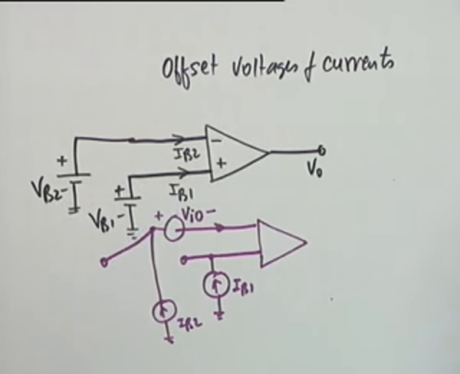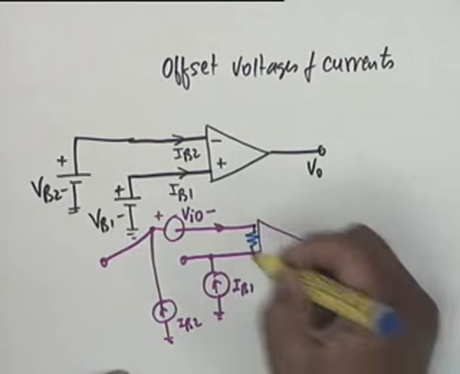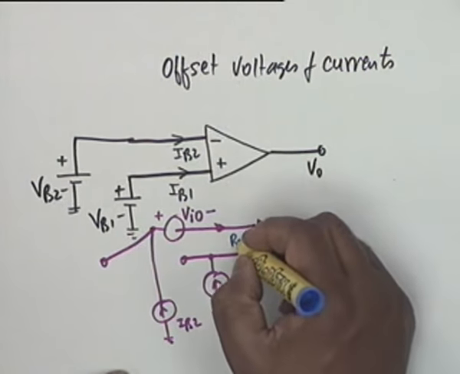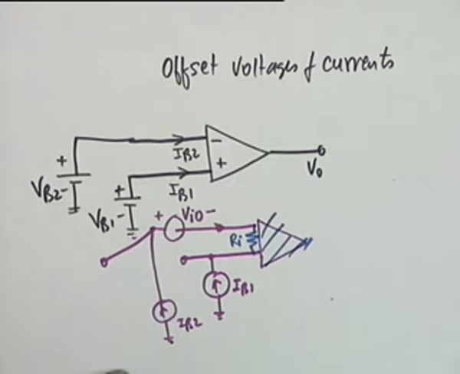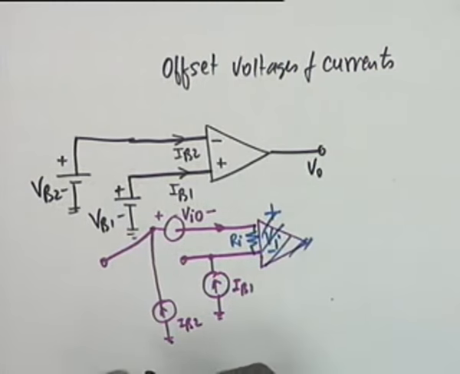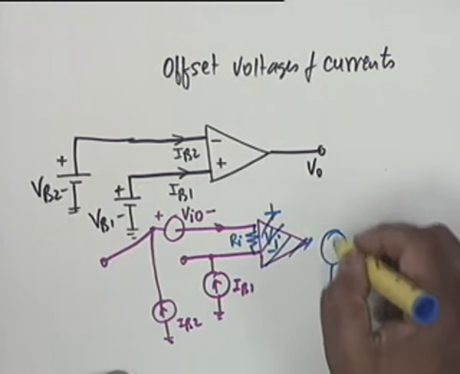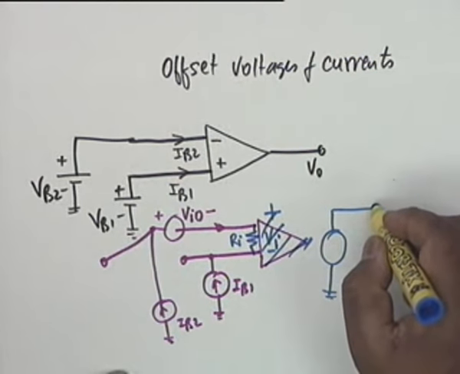Okay. Then as far as the op-amp is concerned, we can replace this by means of a single resistance, input resistance Ri. Forget about this triangle. If this voltage is Vi plus minus, then the output is, I have done this intentionally.